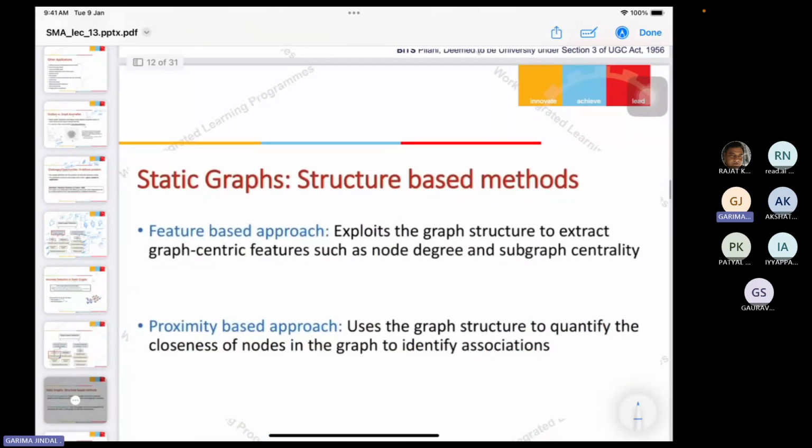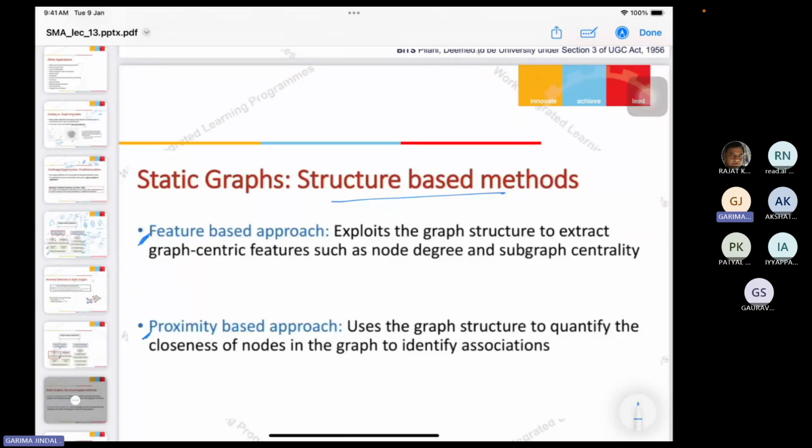The algorithms in this category can be further divided into two types. The first one is the feature-based approach and the second one is the proximity-based approach.